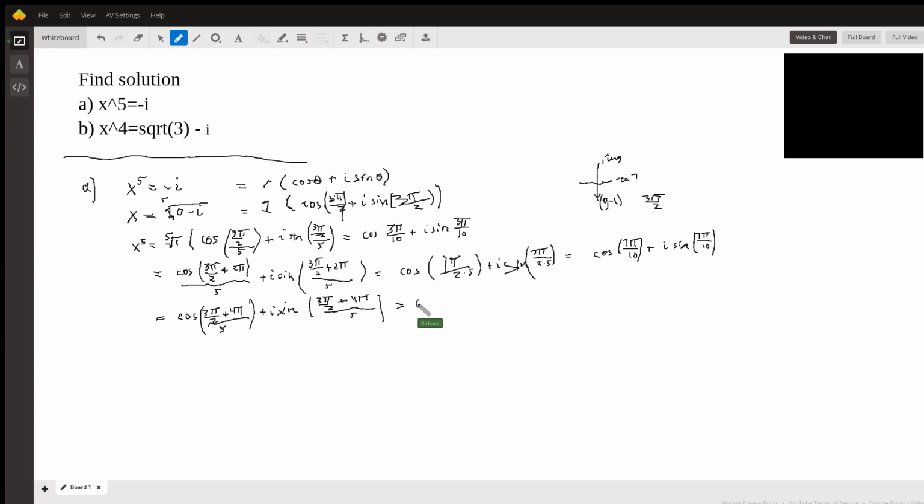And this is equal to the cosine of, well, 4 pi is now 8 pi over 2, so it's 11 pi over 2. So it becomes 11 pi over 2, but the 2 is multiplied by the 5, so we get 10 here.